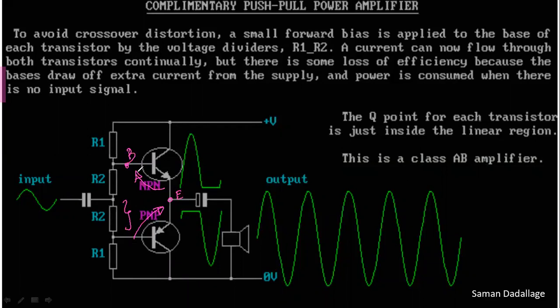To boost that voltage, you can get some support from this R2 resistor. Then you can remove that distortion issue by using a voltage divider. You can maintain a correct voltage between this B and E, and that will remove the crossover distortion.